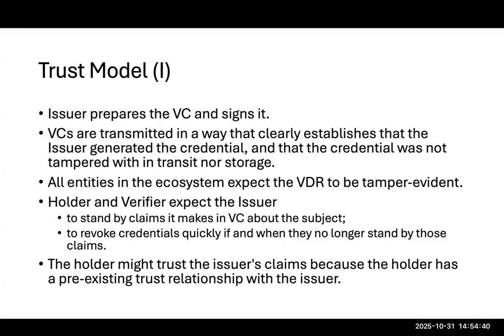All entities in the ecosystem expect the VDR to be tamper evident. That means that a VDR can also not provide immutability. So at least I have to be informed or have evidence that something has been tampered with on the VDR.